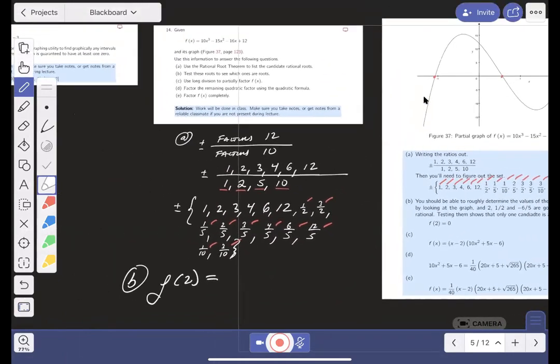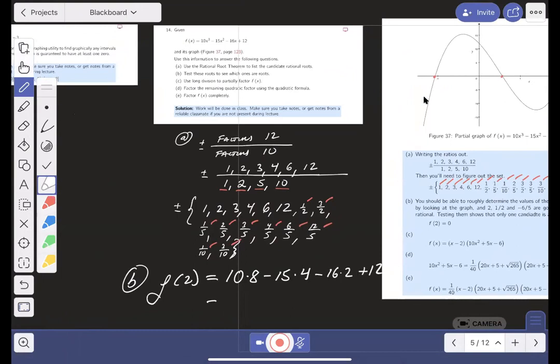And what's the function? Well, it's going to be 10 times 2 cubed, which is 8, minus 15 times 2 squared, which is 4, minus 16 times 2 plus 12.